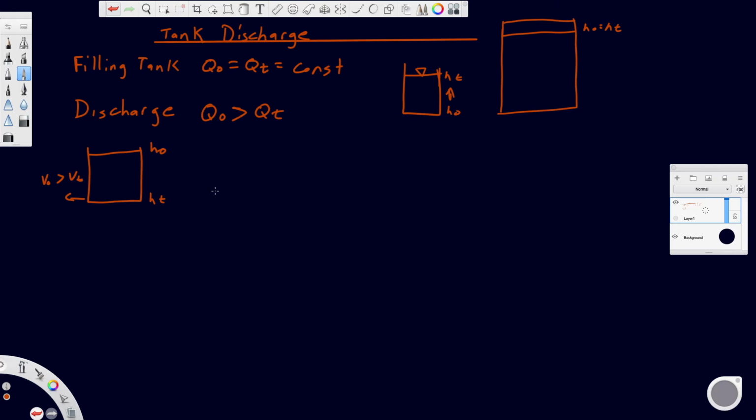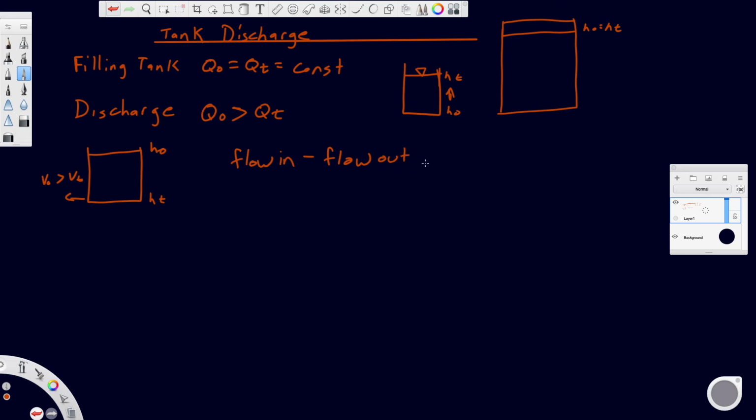Let's go ahead and get in. Without further ado, we're going to start setting up some equations and working through them to see what we can find here. Okay, so your really basic start to this is that you're going to have a flow rate in and a flow rate out.